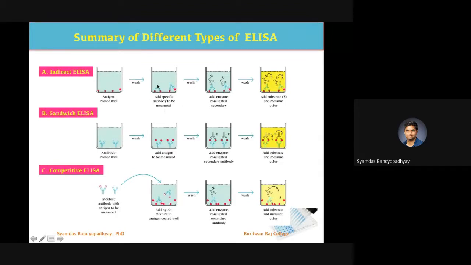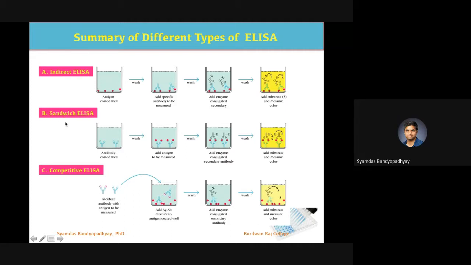This antibody is very specific for this particular antigen, and again you perform washing. Washing reduces the non-specific antibody, and then you add enzyme-conjugated secondary antibody. The secondary antibody will recognize the primary antibody, which in turn has recognized the antigen, and then you add substrate and measure the color. This is the principle of the indirect ELISA.